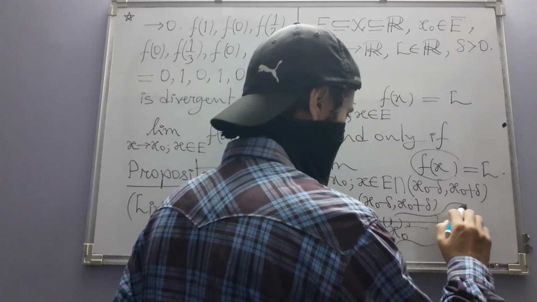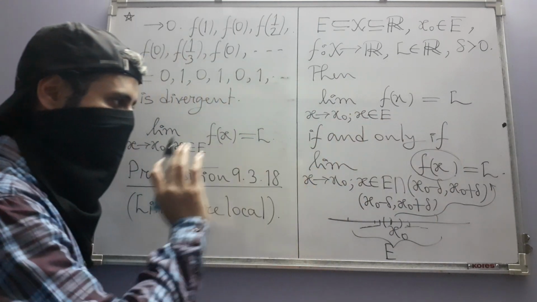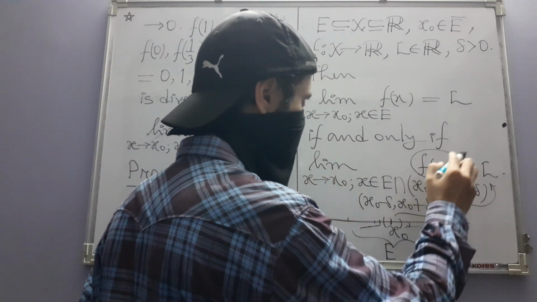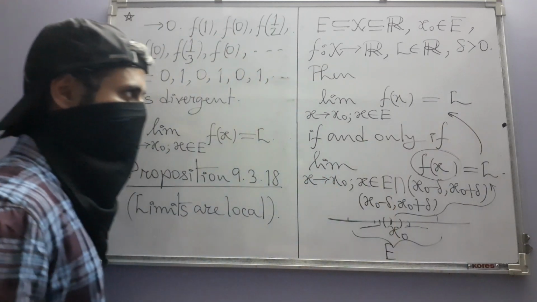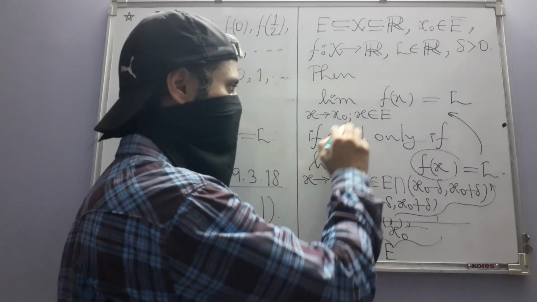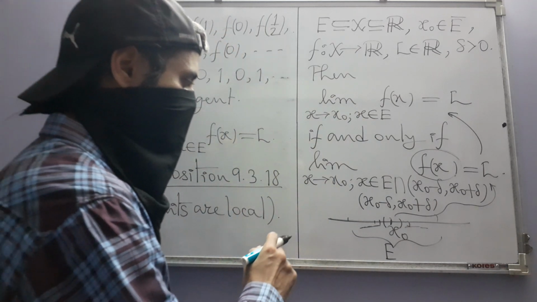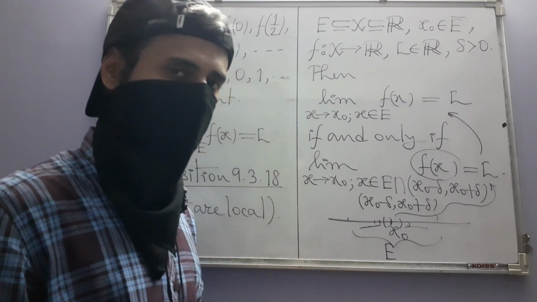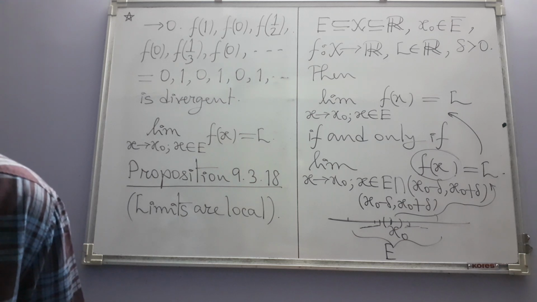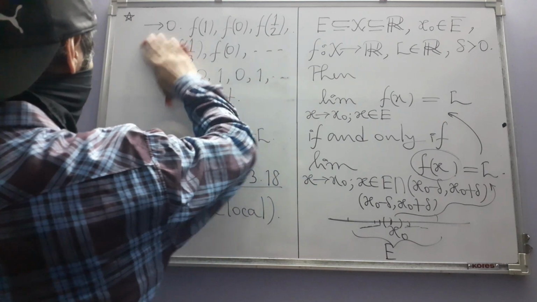So by your usual calculation, you prove that this limit exists and it is L. Then this proposition guarantees you to conclude that this limit also exists and is L, in spite of having those problematic points near x naught and in E. So that way we can use this proposition. And its proof is an exercise that we will see in the exercises. Now after this, there is one example.